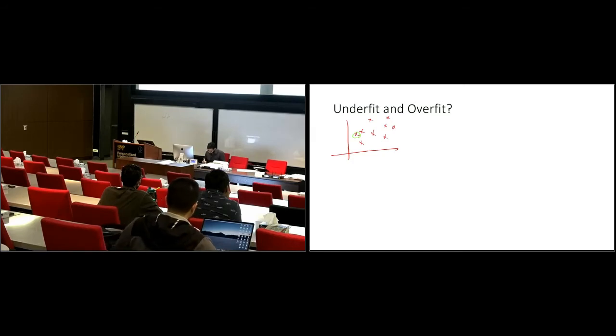Let's say this and this and maybe this. Now as I increase the complexity of my hypothesis function, maybe for the lowest complexity I would learn something like this. So I have, let's say, two bases, the bias and the first power of x.